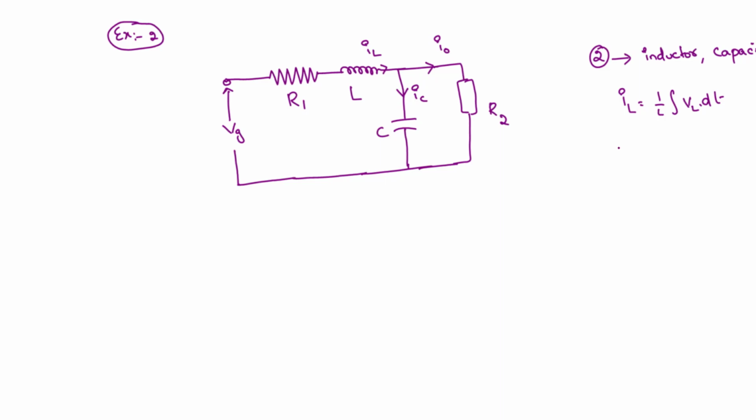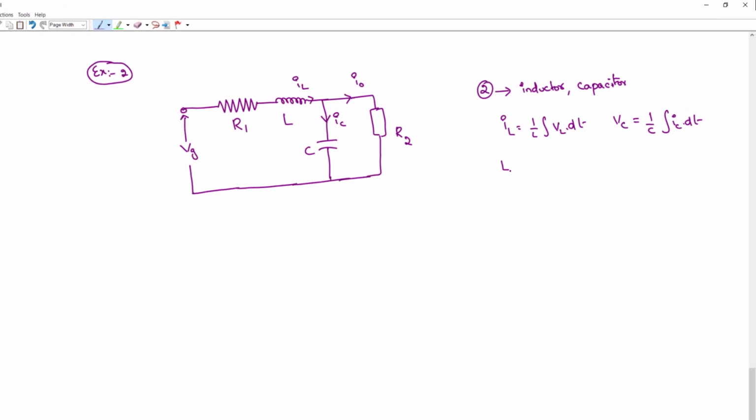We told L is one parameter, C is another parameter, R1 is another parameter, and R2 is also another parameter in the circuit. And we identified the inductor current and the voltage across the capacitor. Now try to understand this carefully.